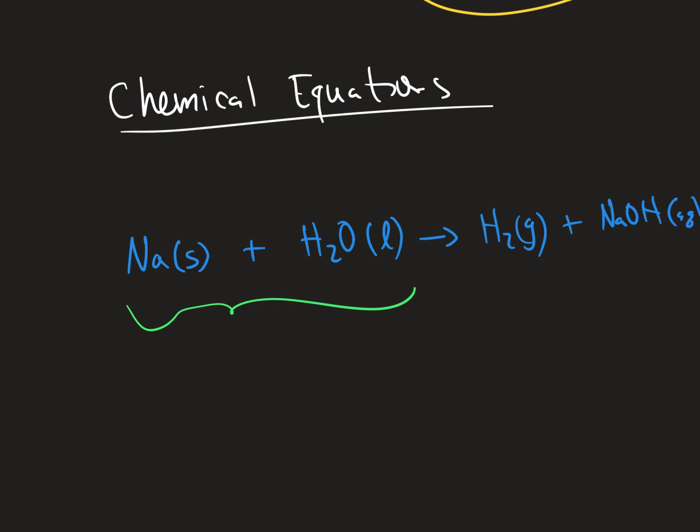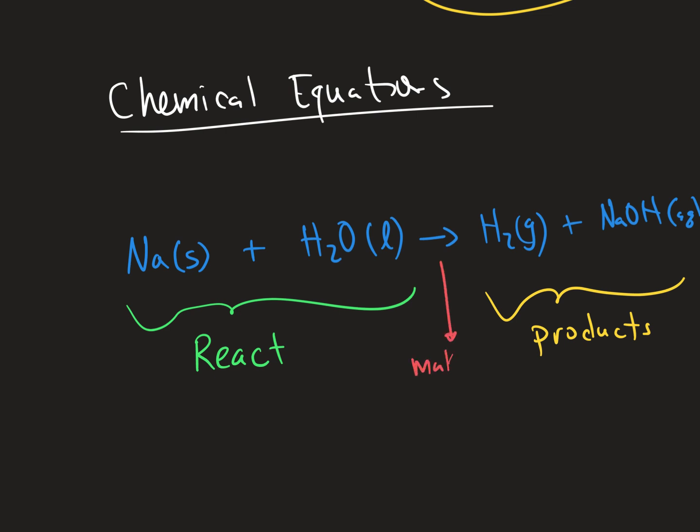The reactants. These guys react together, right? And what do you call the guys on the right? The whole thing is a reaction. What do we call the guys on the right? The products. The reactants make the products, right? And this arrow right here means it makes, yields, produces, whatever. Are we good?